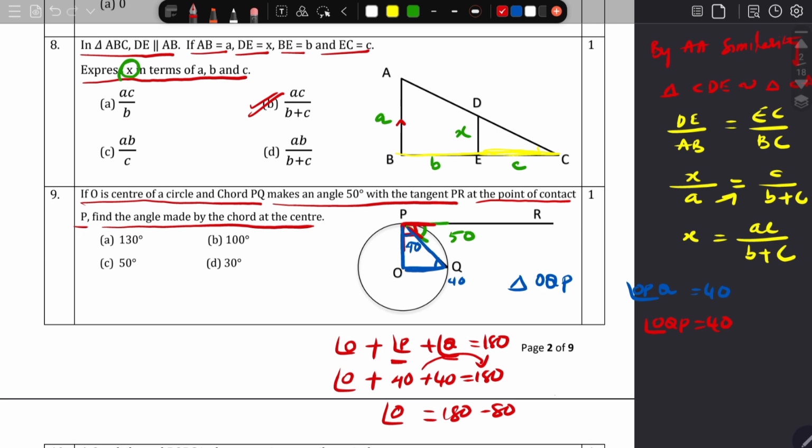So the angle at the center, POQ or QOP, is equal to 100 degrees. So option B is absolutely the right answer.